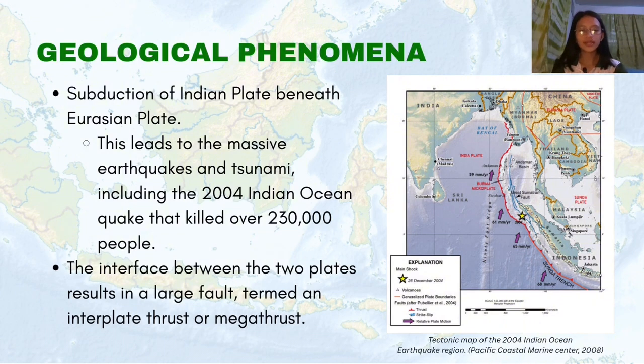The earthquake unleashed a massive tsunami that devastated coastal communities around the Indian Ocean. It was one of the deadliest natural disasters recorded in history, highlighting the immense danger of subduction zones.